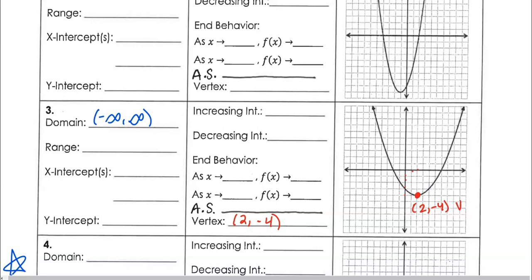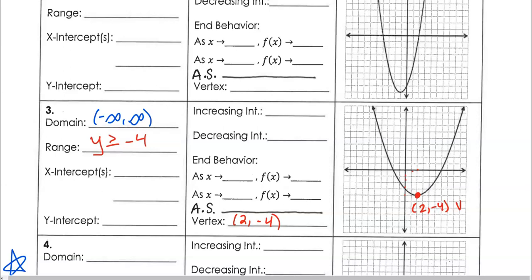Now we can answer the range, right? All of the other y's, are they above or are they below that negative 4? They are all above, so we're going to say greater than. Good. When parabolas open up, our y's are getting greater. When parabolas open down, our y's are being less. Okay, so the way it's opening tells you if we're greater or less.